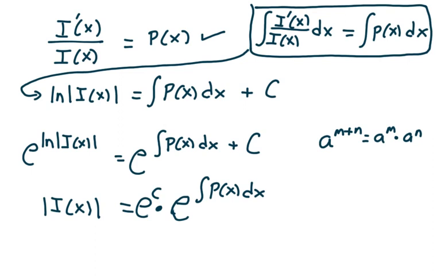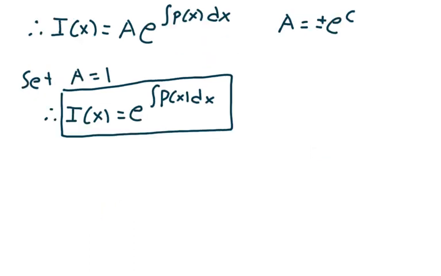I just used the law of exponents that says a to the m plus n is a to the m times a to the n. Now, what does that mean? That says I of x is equal to a e to the integral of p of x dx. What I did there was just strip away those absolute values. And notice that a is plus or minus e to the c.